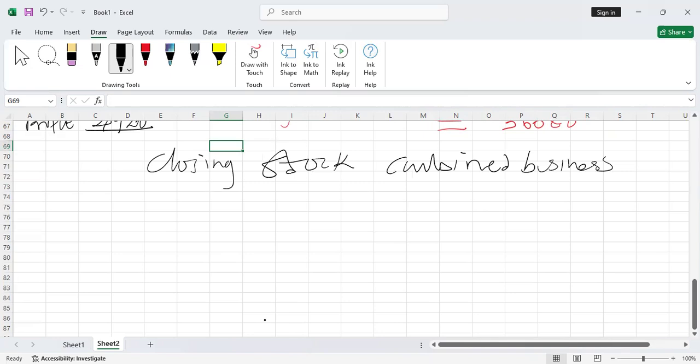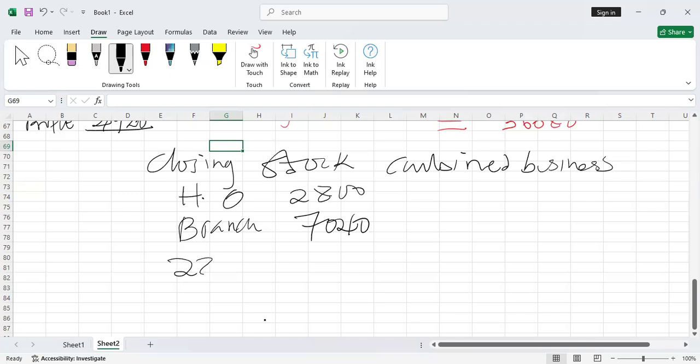Now look, the closing stock of head office is 2,800. The closing stock of branch is 7040. We have just gotten this one. So for the combined business should be 2,800 plus 7040.